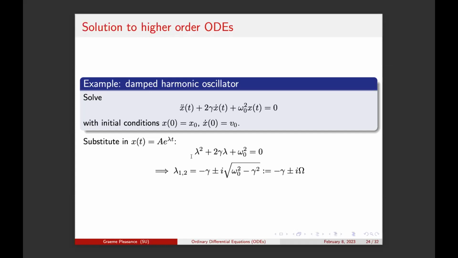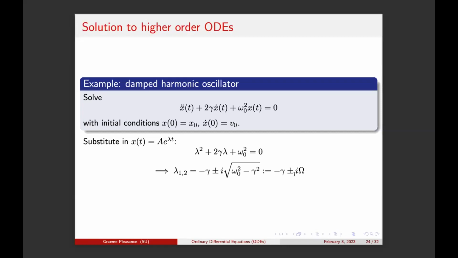Hopefully you should be able to show that the auxiliary equation is in this form, and this is quadratic, so we can solve it using the standard quadratic formula. And what you find is that we can obtain two eigenvalues, which are in fact complex conjugates of each other.